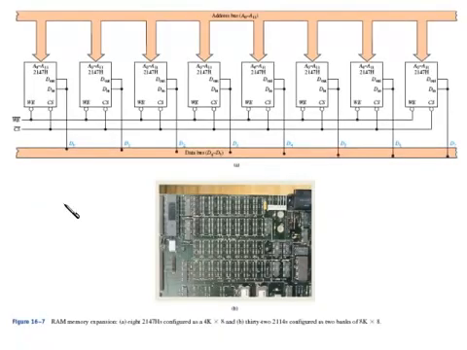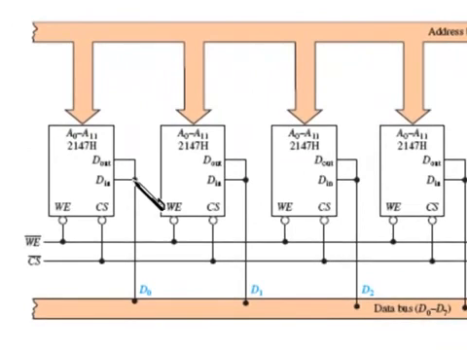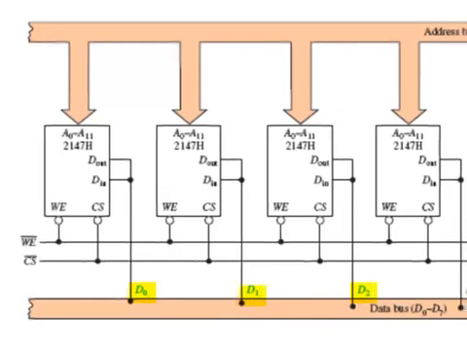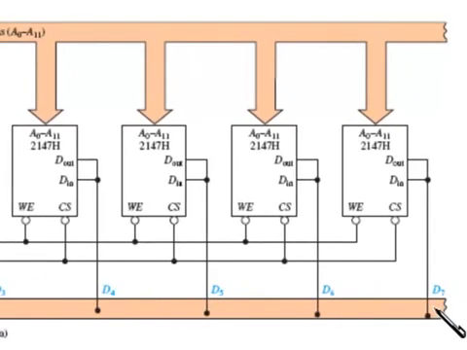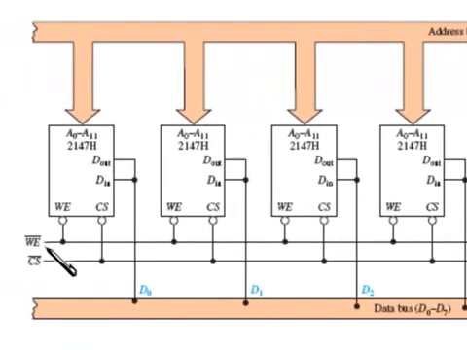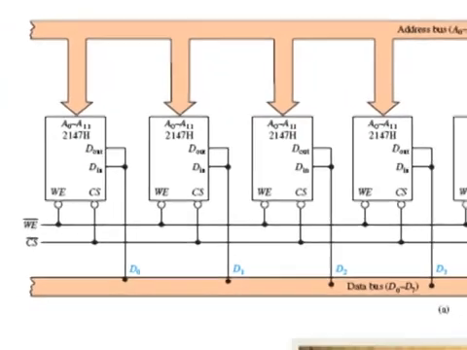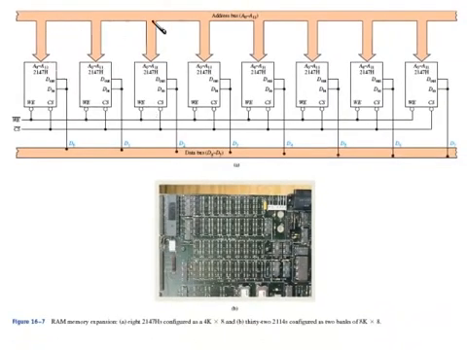Now, to turn this 1-bit system into an 8-bit system, we could have 8 of these 2147s and take the D in, D out line, tie them together, and bring it into the D0 off the data bus, and then take the next one into the D1 off the data bus, the next one into the D2, and so on, all the way up to D7, such that when you do the WE and the CS, you're accessing all 8 of these at the same time with the same address information.